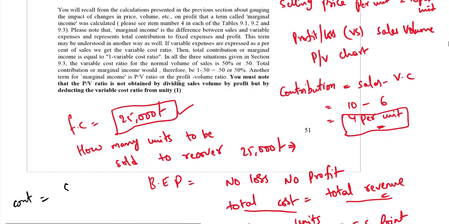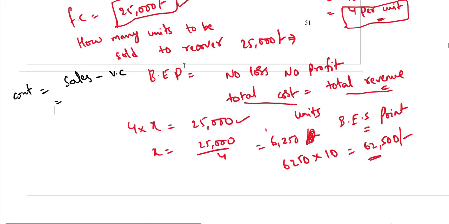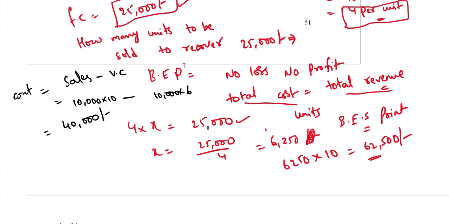Contribution equals sales minus variable cost. Sales is 10,000 units sold at 10 rupees per unit, minus variable cost, 10,000 units sold at 6 rupees per unit. Therefore, 40,000 rupees will be the contribution. From this, fixed costs are to be deducted.